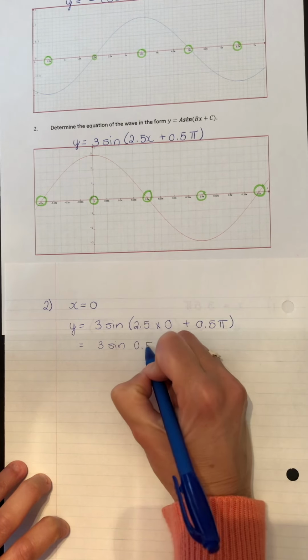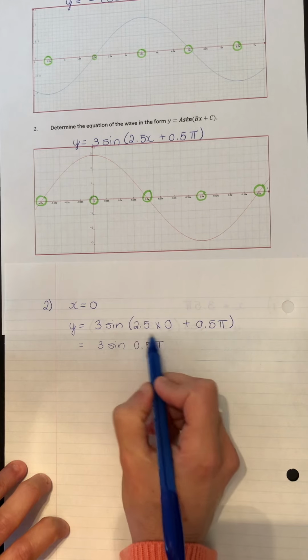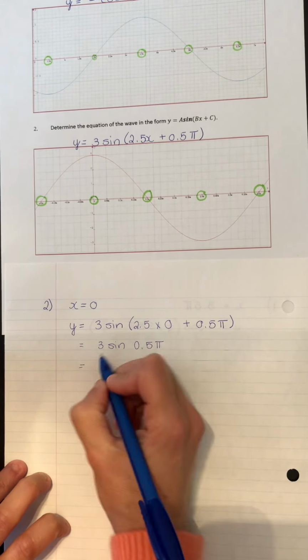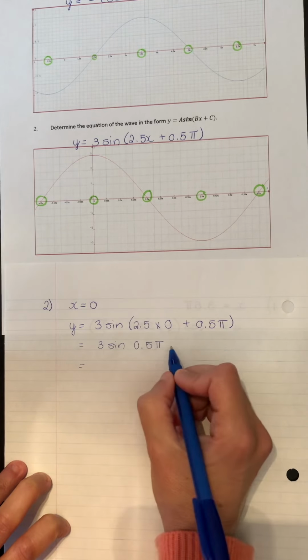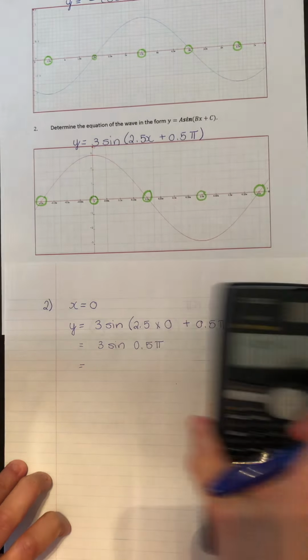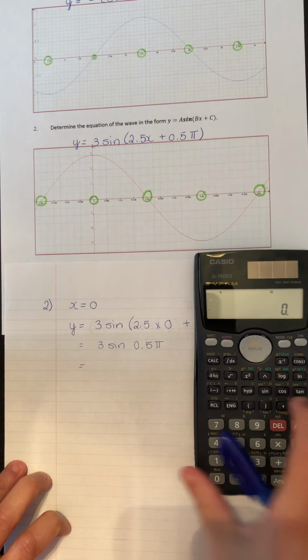So the angle is half a pi. Pi over 2 would mean the same thing, right? And then I want to put this in the calculator, and hopefully the calculator will tell me that that answer is 3. Okay, so we can just try it out here.